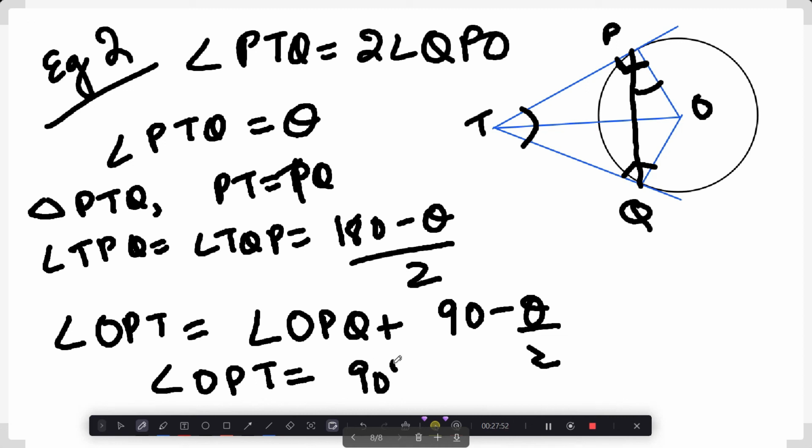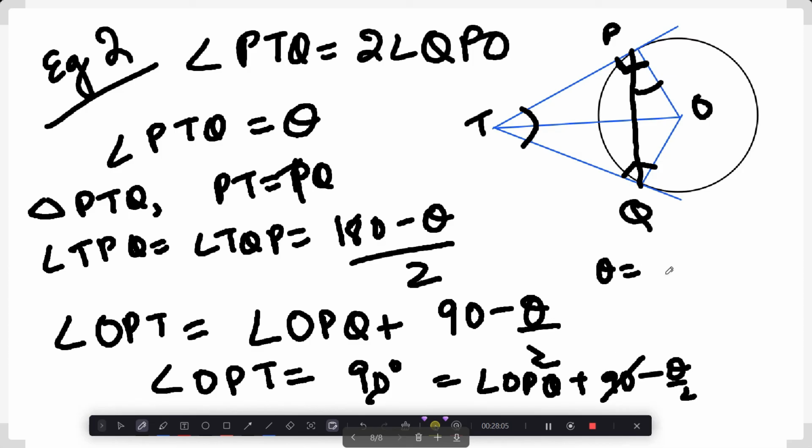OPT is 90, is angle OPQ plus 90 minus theta by 2. 90 gets cancelled. If we take this to the other side, net, what is theta? Theta is equal to angle PTQ is equal to twice of angle OPQ. Hence proved.